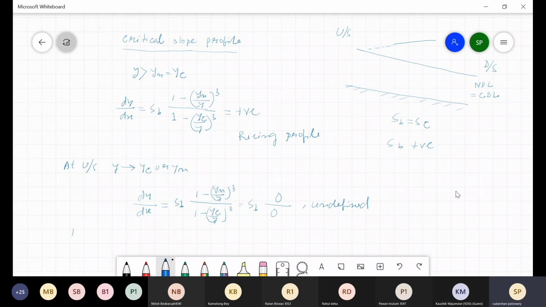So at downstream, y does not tend to infinity. Suppose this profile rises because of some construction, and that is called your control section. So at downstream, depth will be governed by the control section. In the last class also, I told you that in a rising profile in zone 1, you don't know the depth in the downstream. It will depend upon the structure that you have constructed across the river.